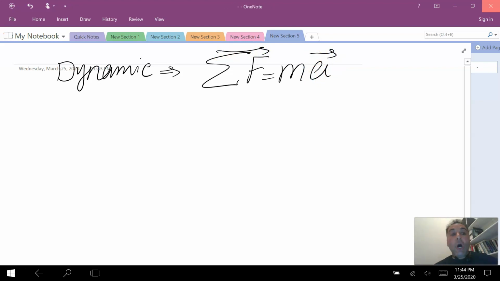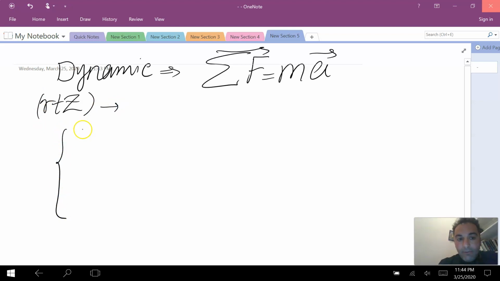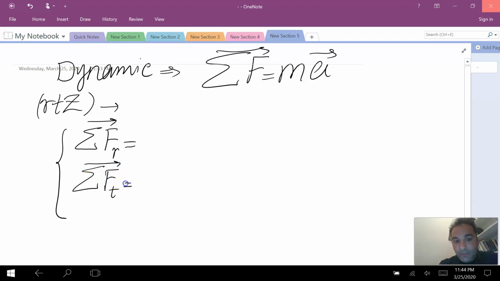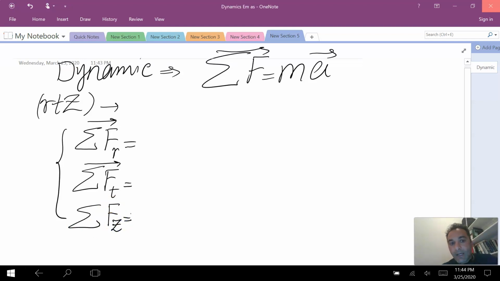So if we have the RTZ coordinate system, we have to apply sigma F on the R axis equals what? Sigma F on the tangent axis equals what? And sigma F on the Z axis equals what? Of course, these are all ma.